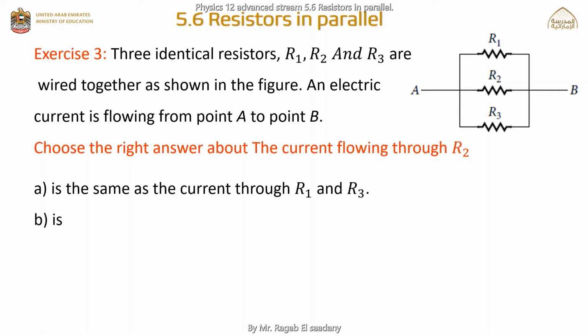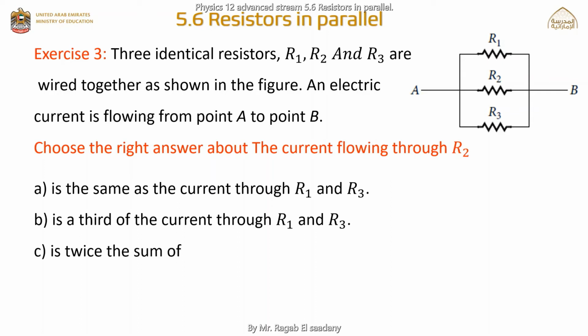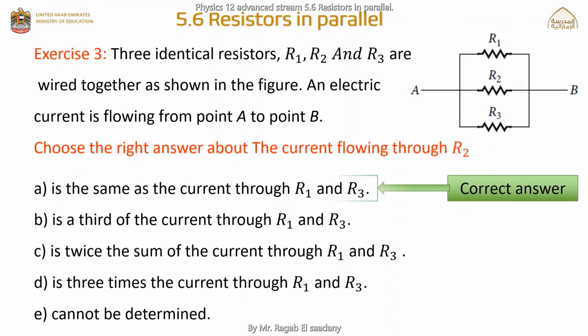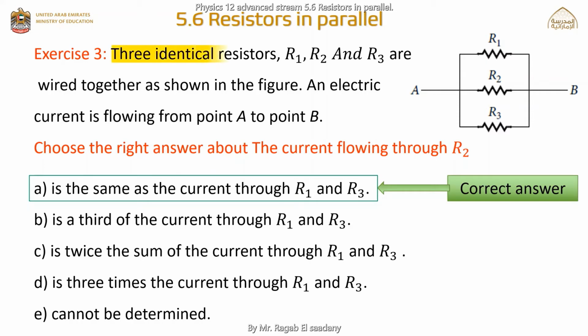B, a third of the current through R1 and R3. C, twice the sum of the current through R1 and R3. Or D, 3 times the current through R1 and R3. Correct answer is A, the same as the current through R1 and R3. Of course, because the three resistors are identical.